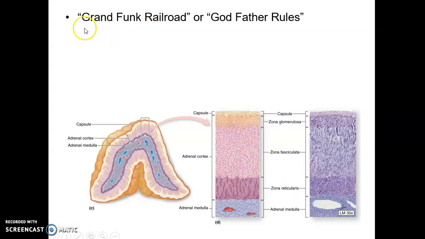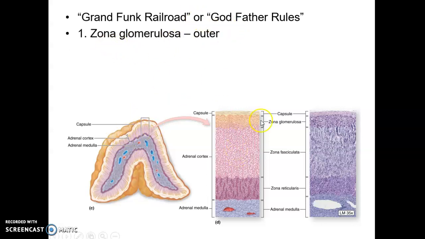There's an old band called Grand Funk Railroad, or Godfather Rules. Right? G, zona glomerulosa; F, zona fasciculata; and then R, zona reticularis. Right? So outer, middle, and inner zones of the adrenal cortex.